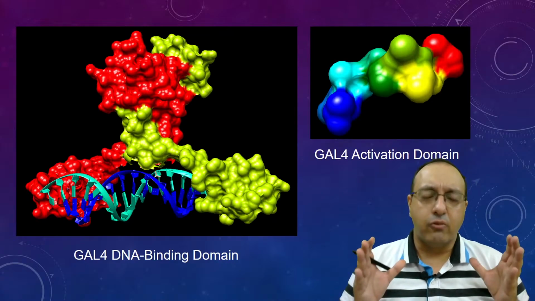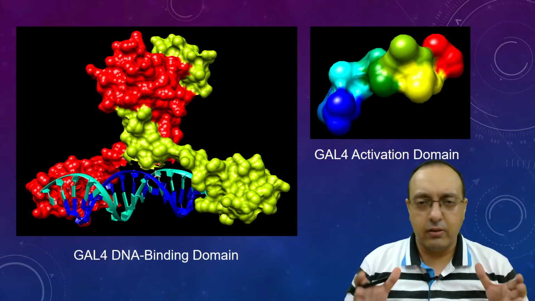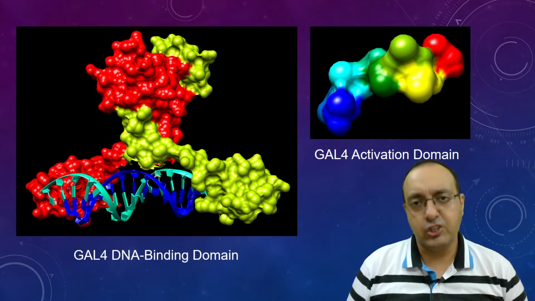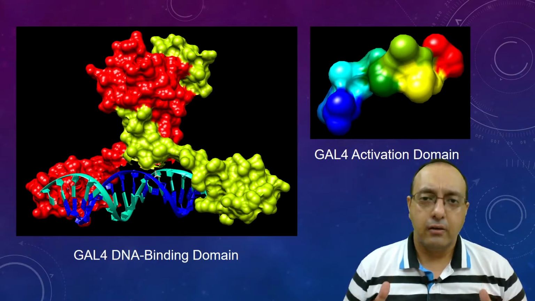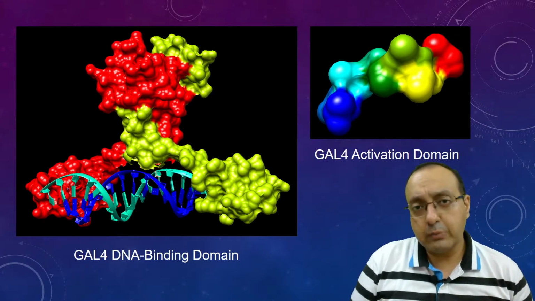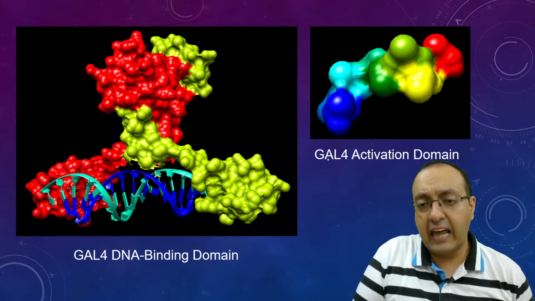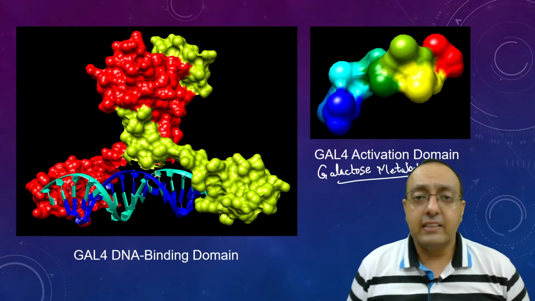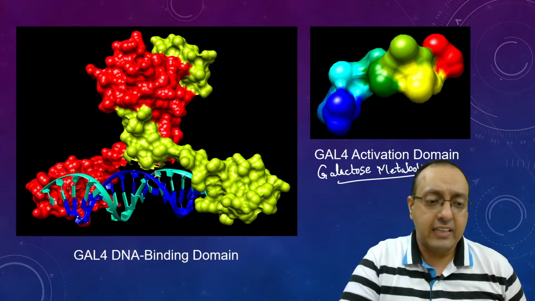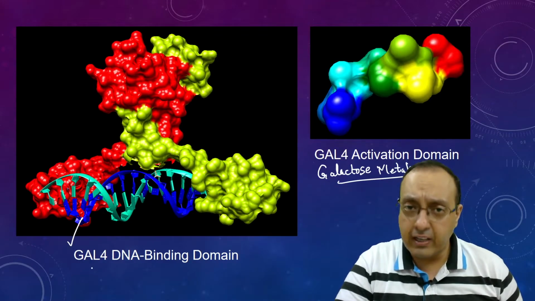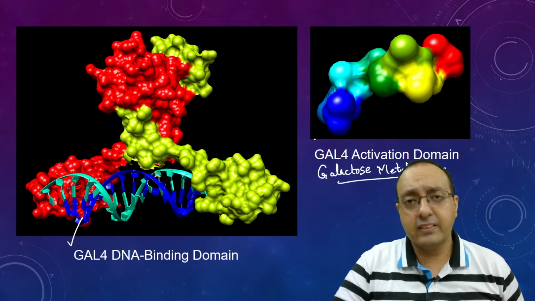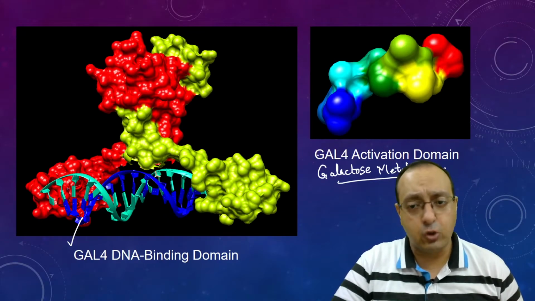Now the assay is really simple to understand. It relies on the modular nature of the GAL4 transcription factor. GAL4 is involved in galactose metabolism in yeast. It is a transcriptional activator, and at the N terminus it has a GAL4 DNA binding domain, and at the C terminus it has two activation domains.